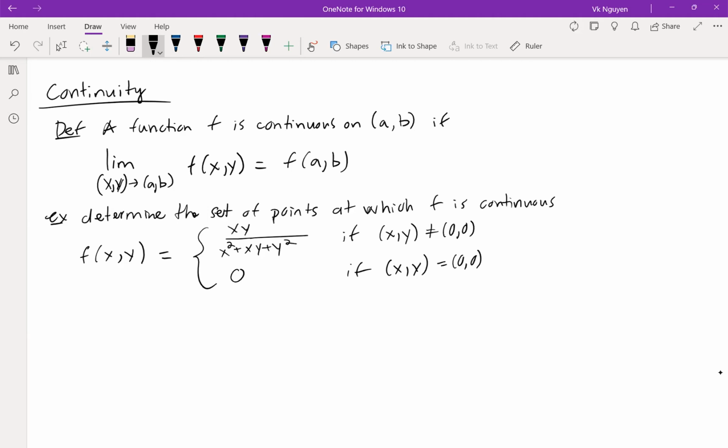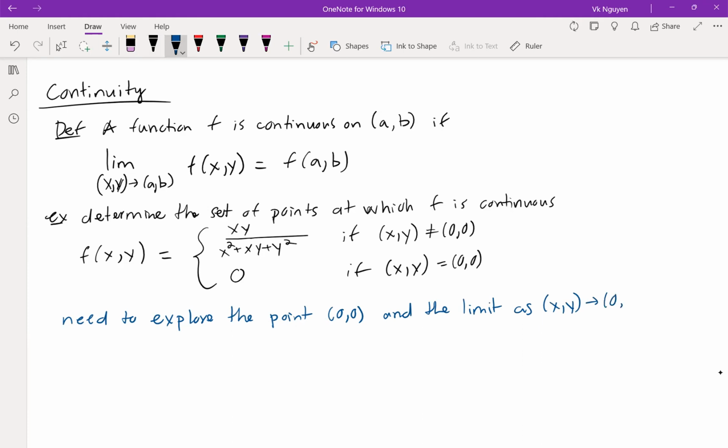So that means we have to find the point (0, 0) and the limit as (x, y) goes to (0, 0). Is this limit equal to 0? If it is equal to 0, then it's going to be continuous. But if not, then it won't.